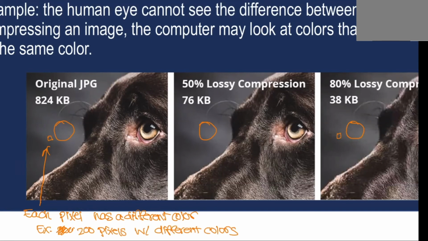So that's a lot more memory compared to, let's say, this one over here, where instead you are going to generalize the area and say these pixels are the same color.